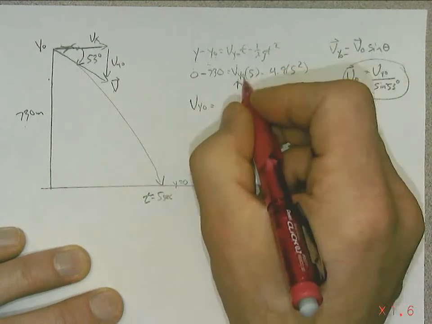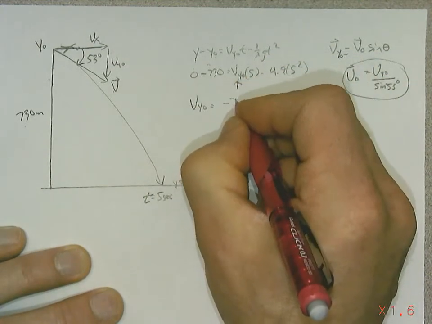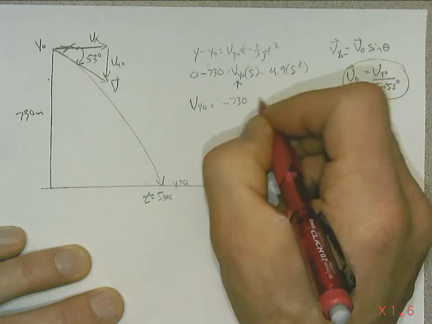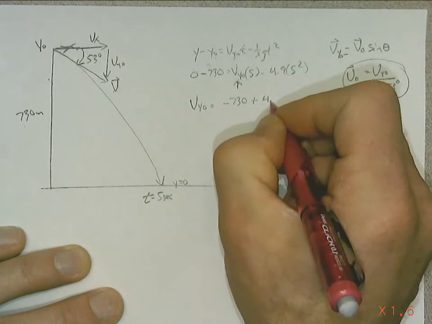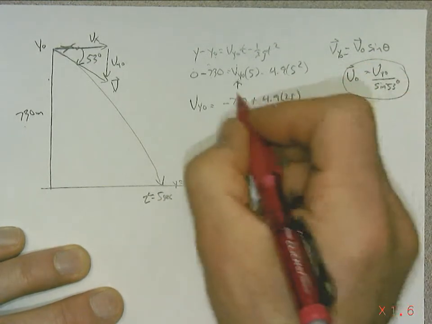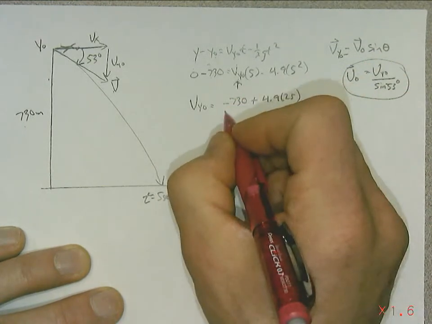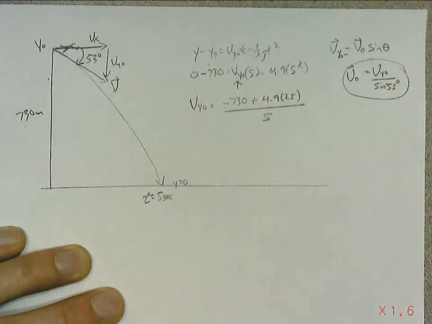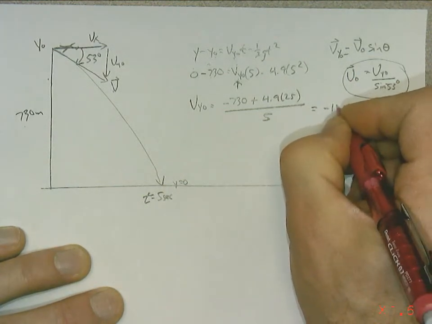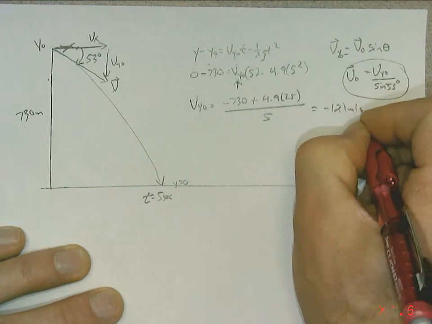Vy0 is equal to, I have minus 730. Over here, I got a minus, so I'm going to add 4.9 times 25, 5 squared, and then we're going to divide it by 5. So when we plug that into our calculator, we get minus 121 meters per second.